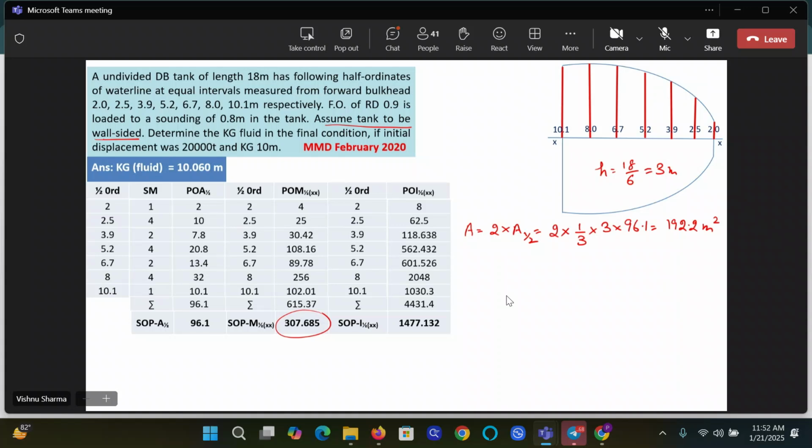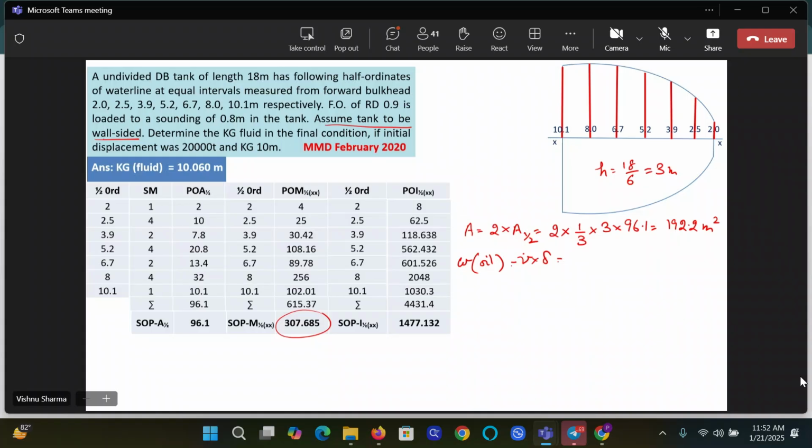Now we can get the mass of the oil taken. So the weight of the oil, the small w, the oil taken, will be volume of the oil multiplied by the density. What will be the volume of the oil?